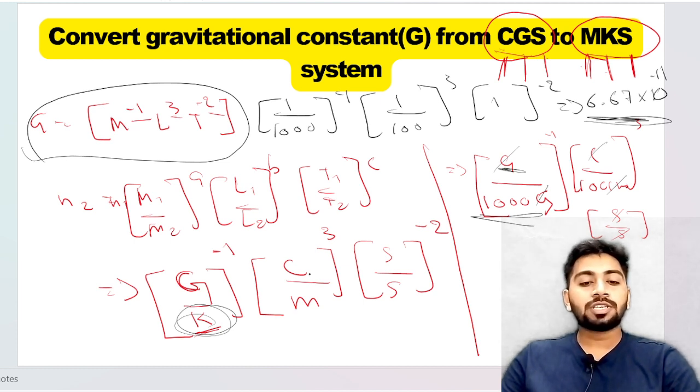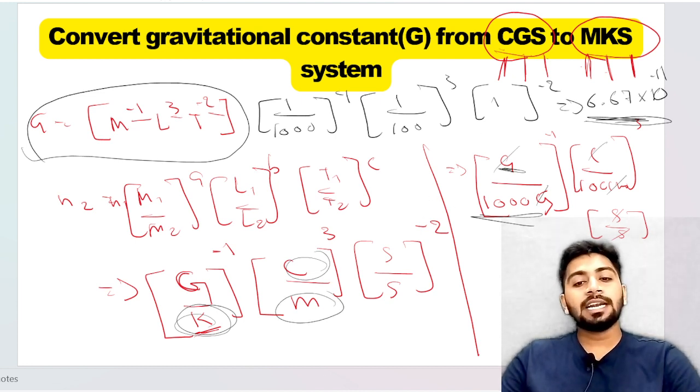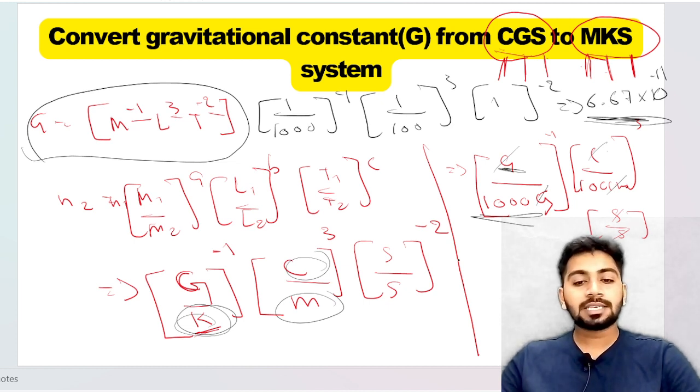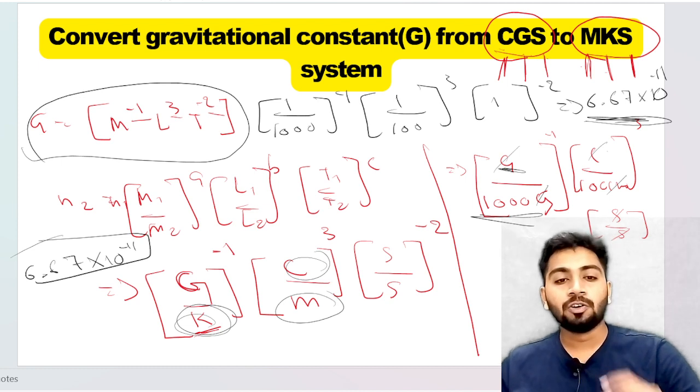And here, above centimeter, below meter. To cancel that, we write centimeter divided by 100 centimeter. Centimeter gets cancelled. 1 by 100 to the power of 3. Simple case, you will get your final answer 6.67 into 10 to the power of minus 11. This is like the gravitational constant, right? I don't know what it is, you have to tell me.